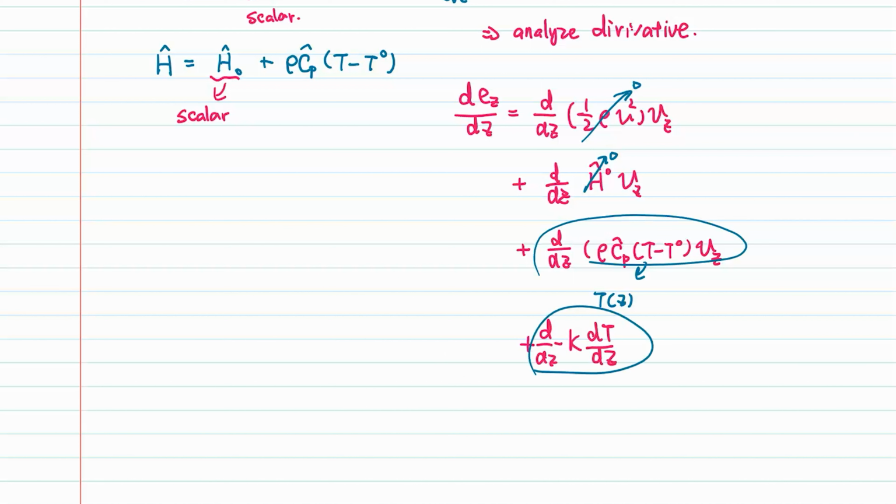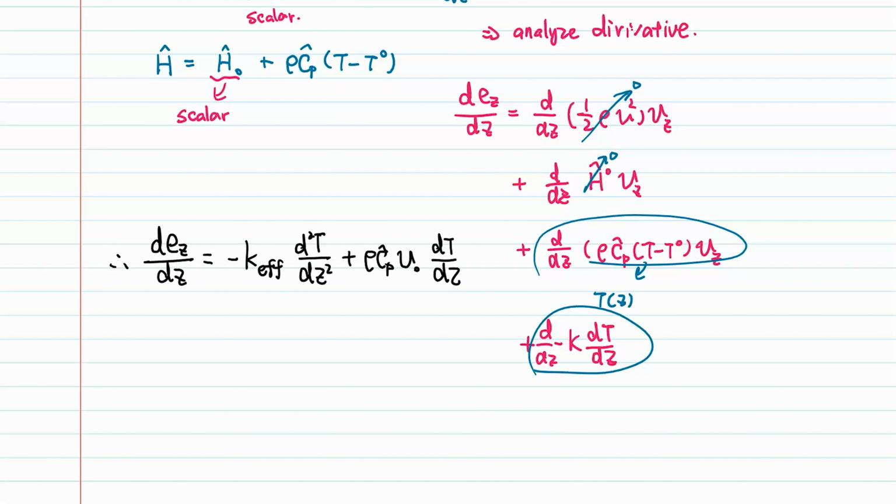So after our analysis, we finally get to our final analyzed part. dE_z/dz, after checking each term, the terms left would be the conductivity term, k d squared T/dz squared, plus rho Cp V naught dT/dz, equals S_c.